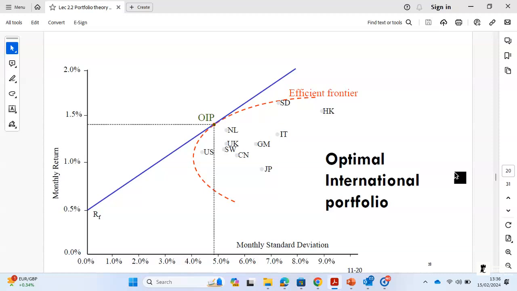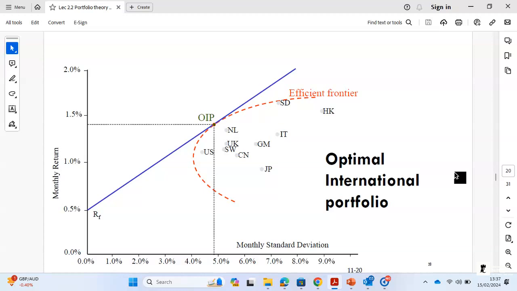Okay, so what do we have here? We have a combination of different stocks. Basically, we have different portfolios. So this is international diversification, right? And the red line here is what we call the efficient frontier. So what is this efficient frontier?